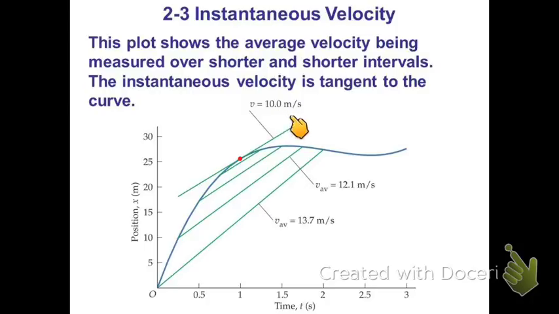You can easily calculate the slope, and this will be the instantaneous velocity here. So the instantaneous velocity at any point on the curve will be the slope of the tangent line right at this point. This is a geometrical way of defining the instantaneous velocity.